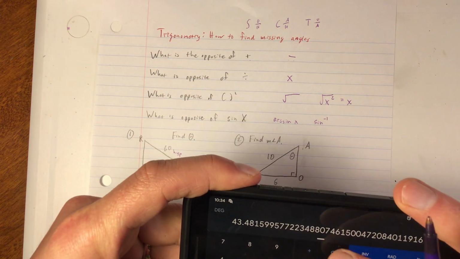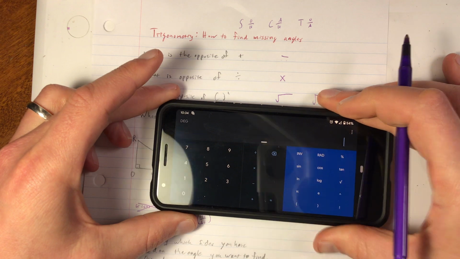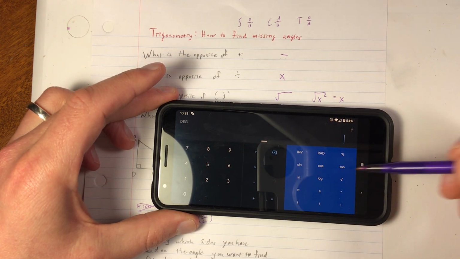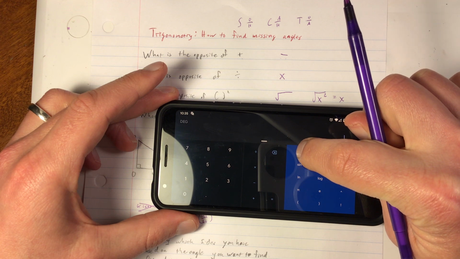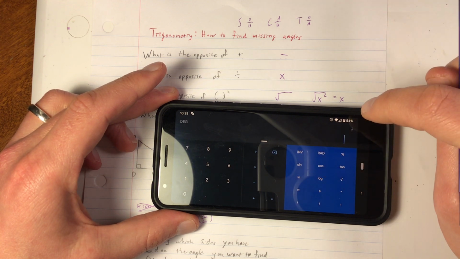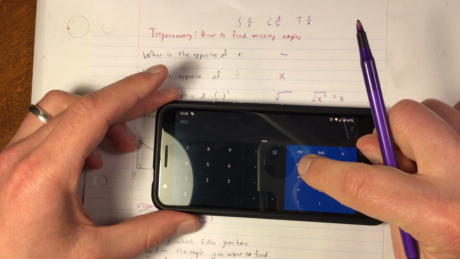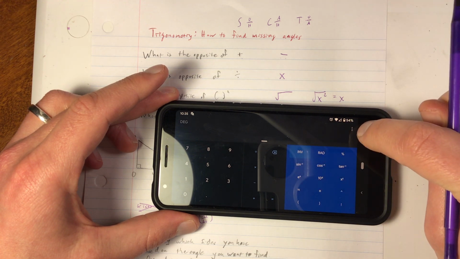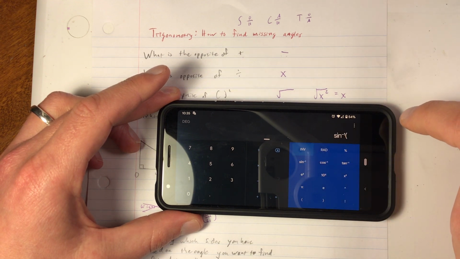On my calculator, you'll notice there isn't that button. That's okay. I'm going to hit INV right here. On your calculator, it might be second or shift or something like that. I hit that, and you get sine to the -1.